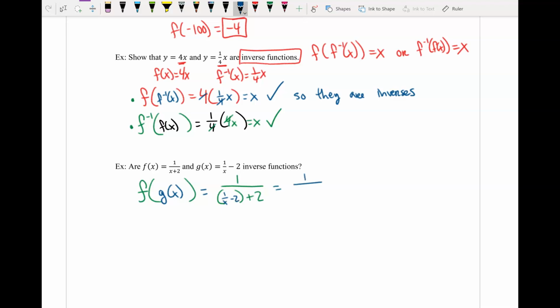So you're going to have 1 over x minus 2 plus 2. These cancel out, and you get 1 over x. This is just 1 divided by 1 over x, which is 1. Change the division to a multiplication and flip the x, and you get x. So they are inverses.